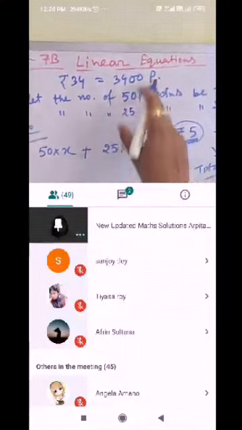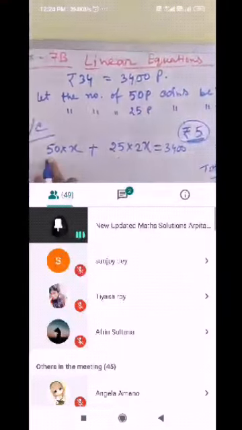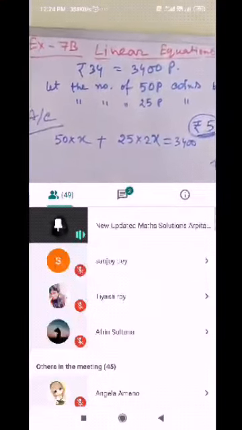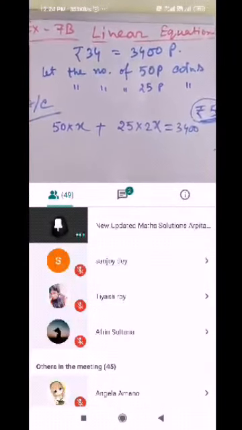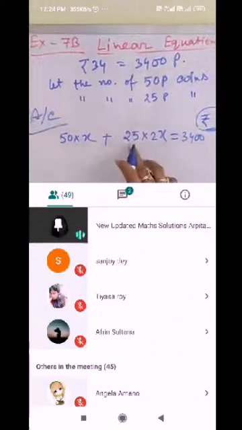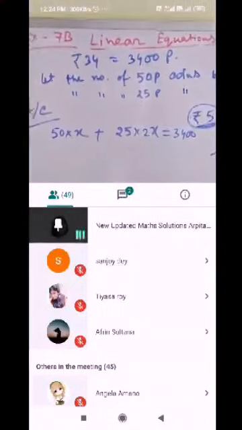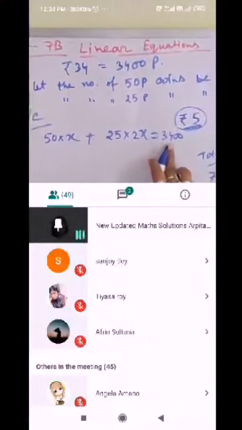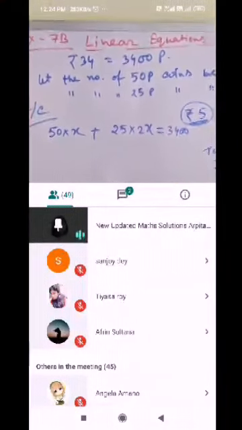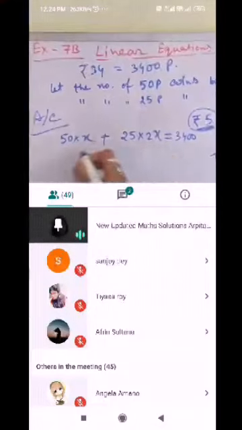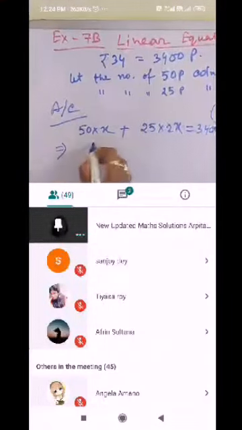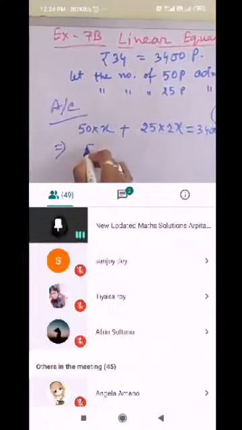I converted into paisa because 50 and 25 are all paisa. Another process, you can convert 50 paisa and 25 paisa into rupees. Then it will be 34. That will also be correct, but the process will be the same.